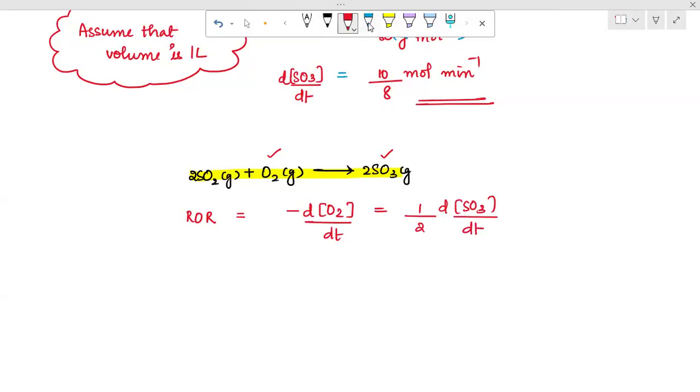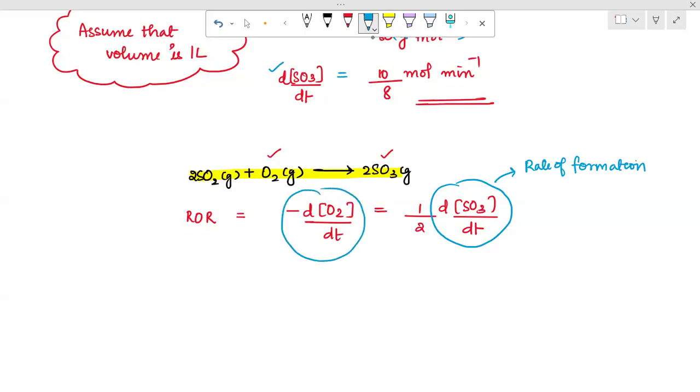Right? Now, dSO3 by dt is the rate of formation, which we already have over here. We have converted the units, and minus dO2 by dt is the rate of disappearance, which is the question.